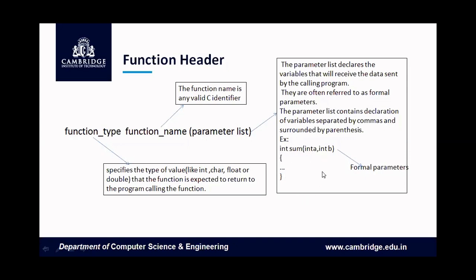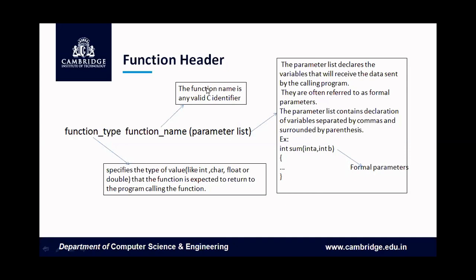After executing this complete set of instructions, it is going to return an integer value. Int space A, int space B. That means it is going to take two integer values, one in A, another one in B, and it is going to perform some task on that, and at the end it is going to return an integer value.